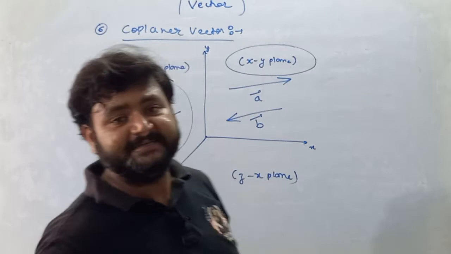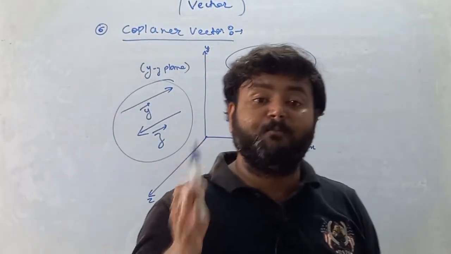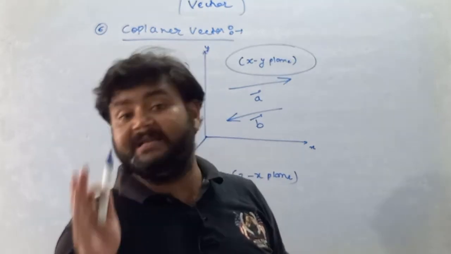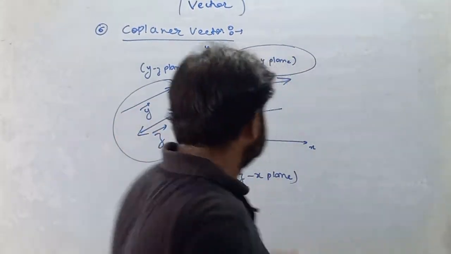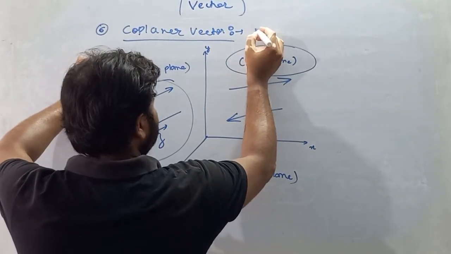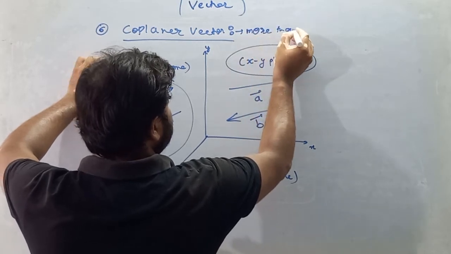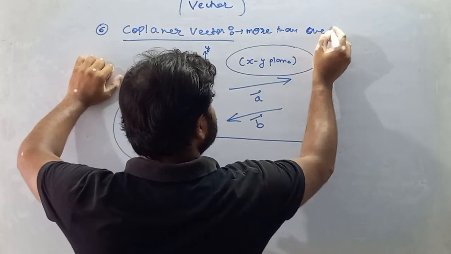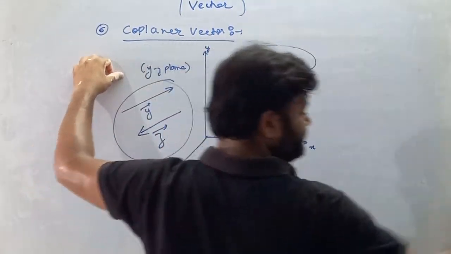And one more thing, dear student, for coplanar vector you must have more than one vector. For only one vector we cannot define coplanar vector. Okay, so I'll write here, more than one vector, or we can write two or more than two vectors.